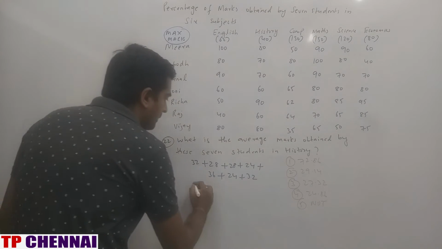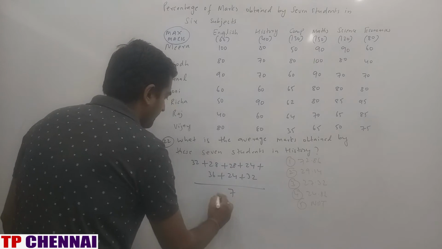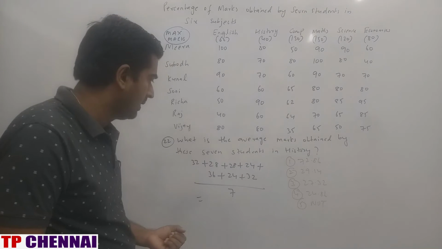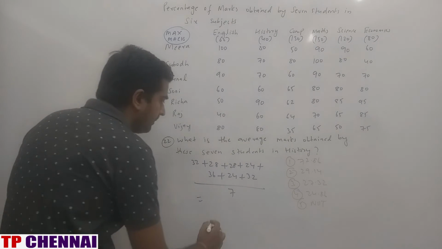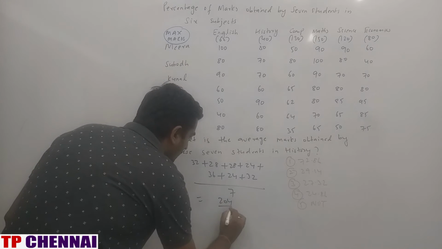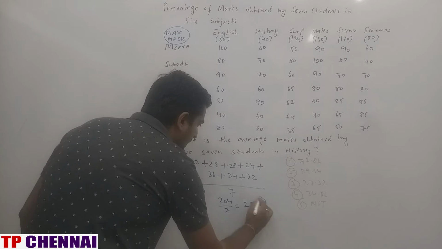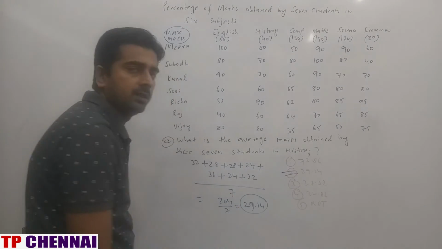And for the average, divide by 7. So this is 60, 88, 112, 148, plus 56, 204, divided by 7. 29.14 is my answer, which is the second option.